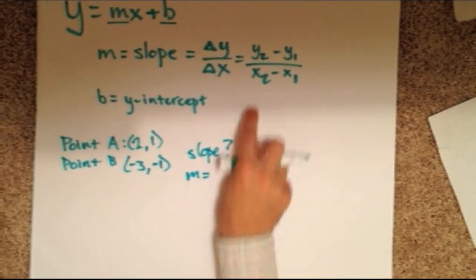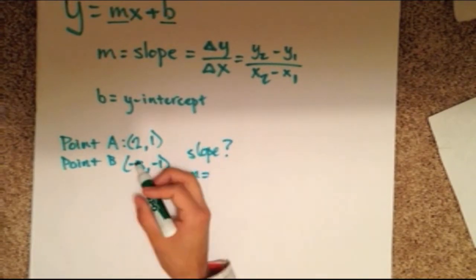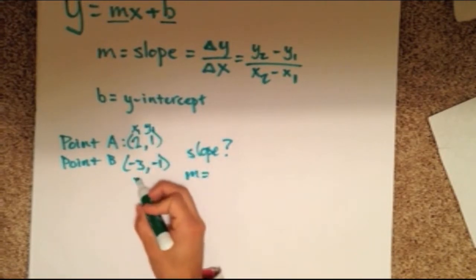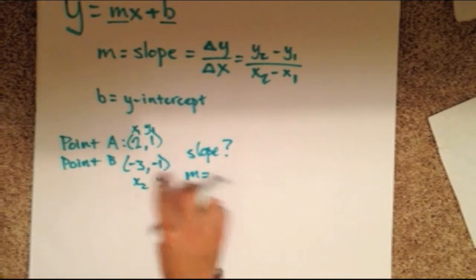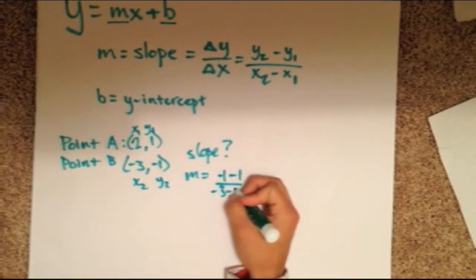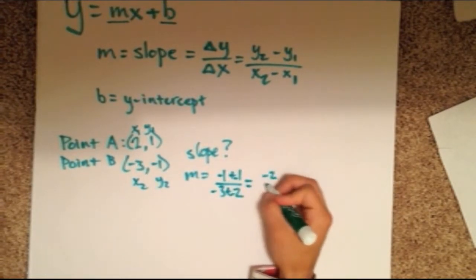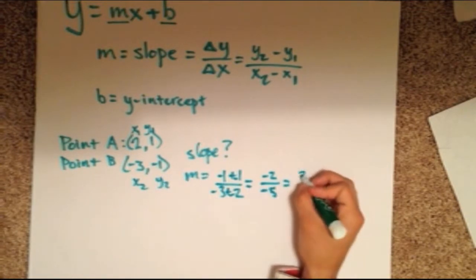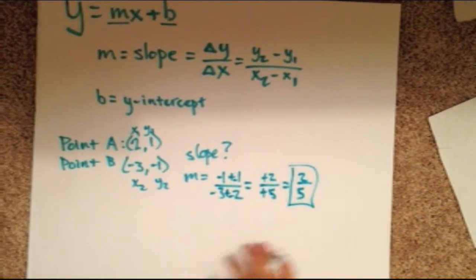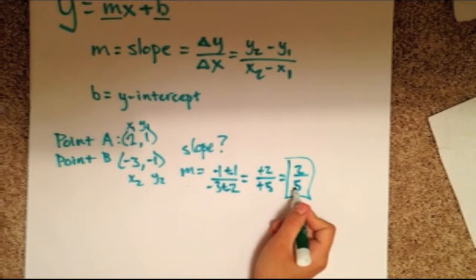So m equals the change in y over the change in x, and we plug it in. Let's label this x1, y1, x2, y2, and solve. There it is. Now we solved and found that m, or our slope, is equal to 2/5.